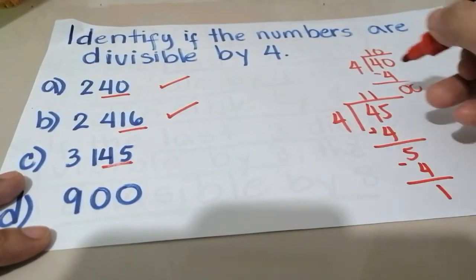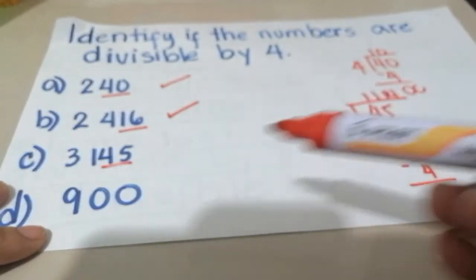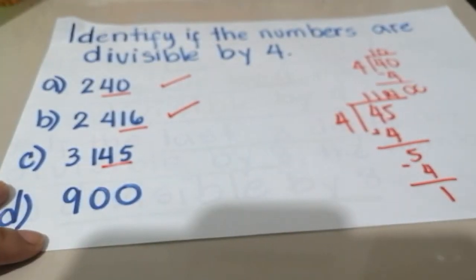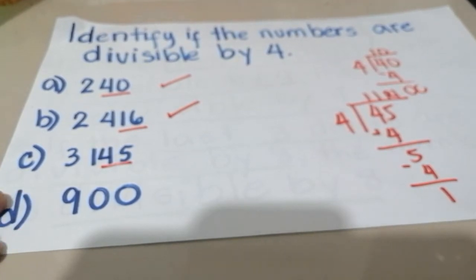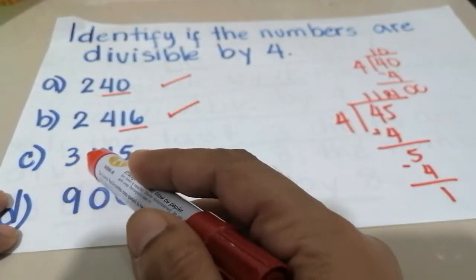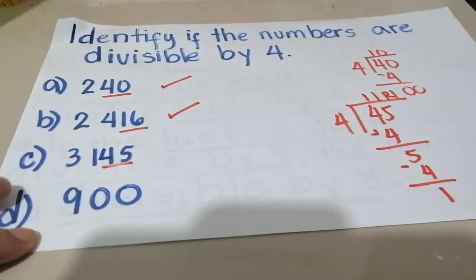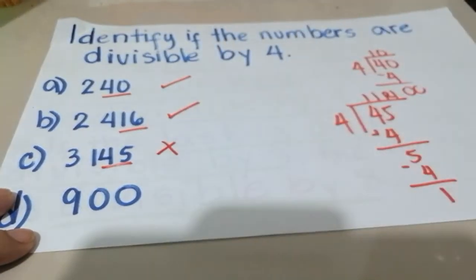Subtract, and we have a remainder of 1 dito. Since may remainder yung 45 when we divide it by 4, ibig sabihin 45 is not divisible by 4 kasi meron siyang remainder, dapat wala. And therefore we say that 3,145 is not divisible by 4.